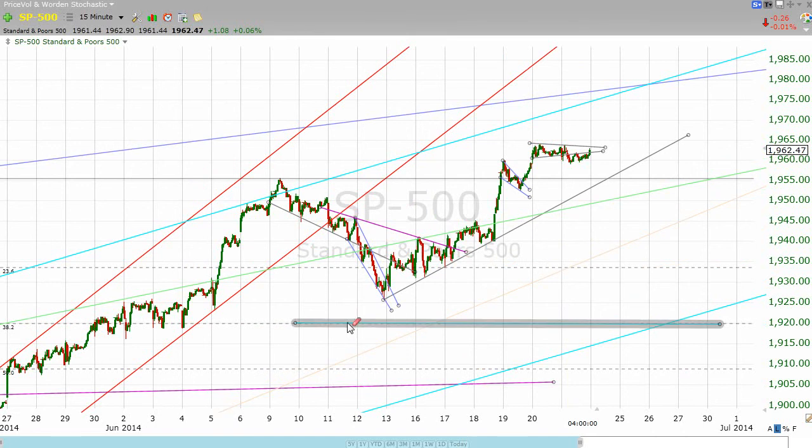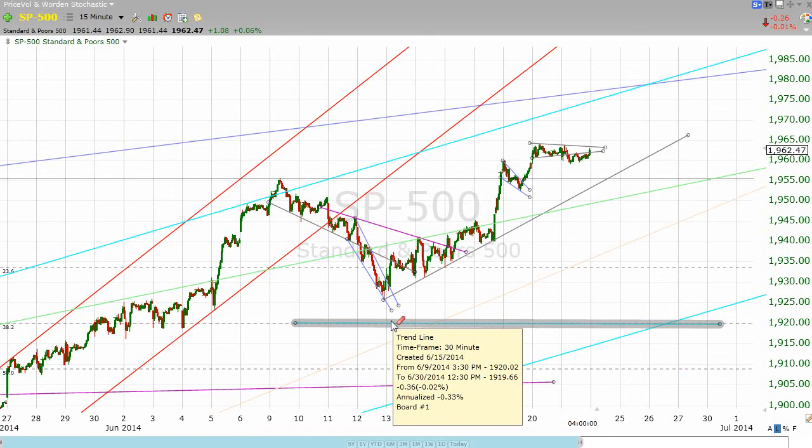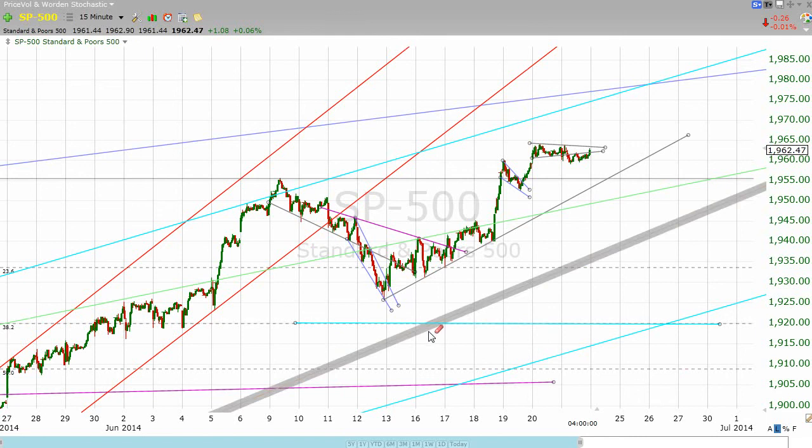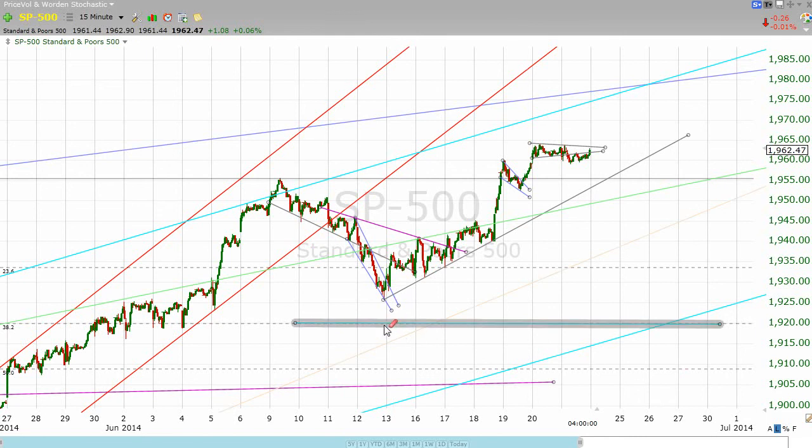We came close to this one back the week before last, but did not touch it. So in retrospect, we could say the buying opportunity was about 5 points higher than where the textbook says to expect it.